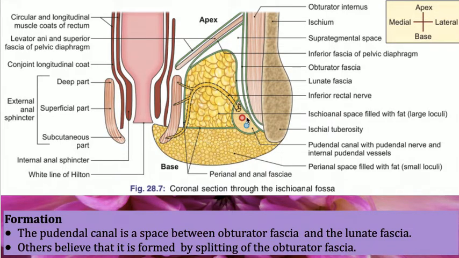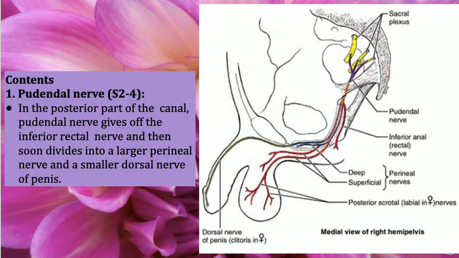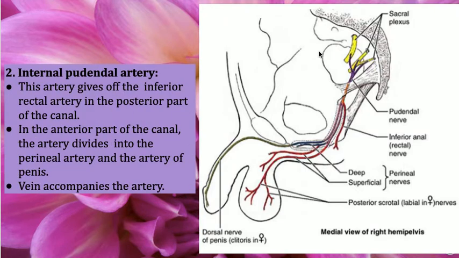This is the lunate fascia, and others also believe, another school of thought, that it is formed by the splitting of the obturator fascia. So the contents, number one content is the pudendal nerve. In the posterior part of the canal, the pudendal nerve gives off the inferior rectal nerve and soon divides into a larger perineal nerve and a smaller dorsal nerve of the penis in case of males.